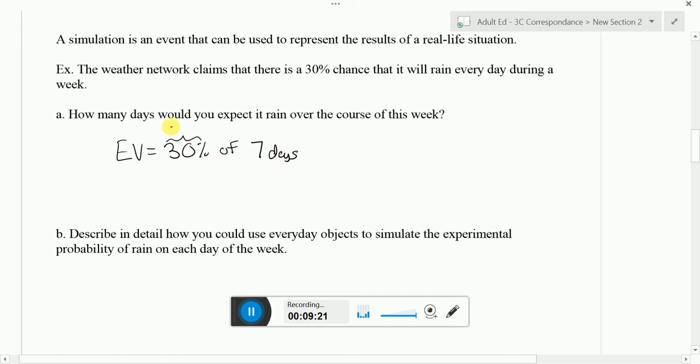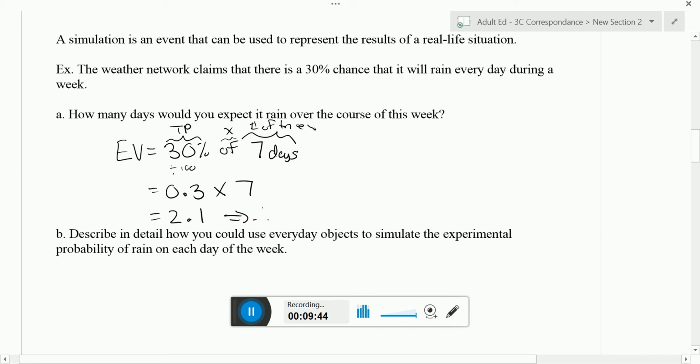This is our theoretical probability. This is the number of tries. The "of" represents times. Now again, we can't work with a percent. We need to divide it by 100 to turn it into a decimal. So that's 0.3 times the 7 days, which is equal to 2.1.